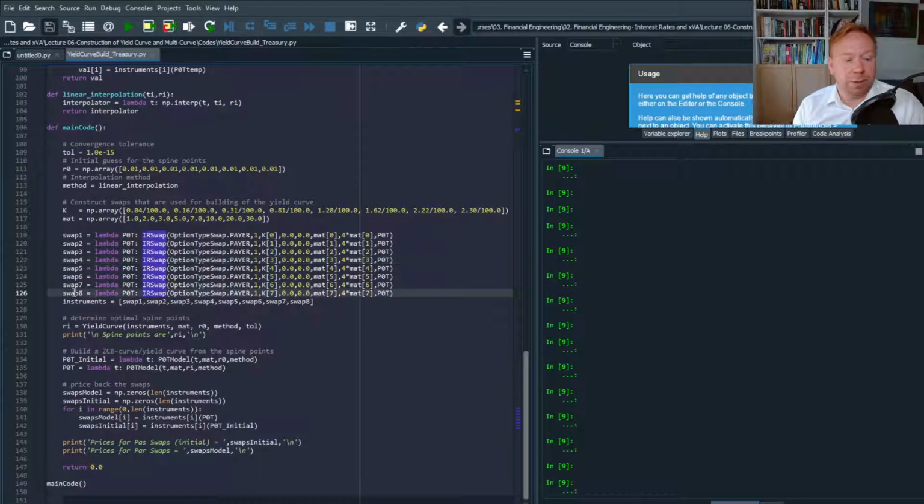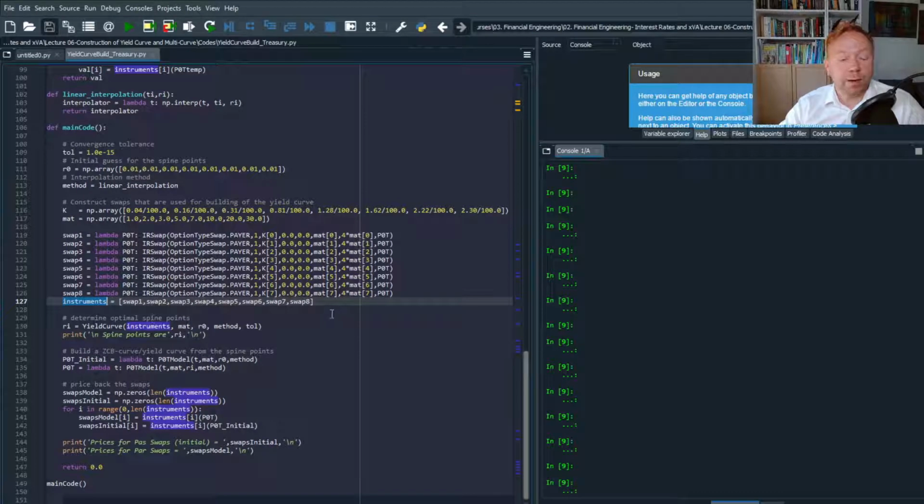So we defined now 8 swaps. You see that for each of those swaps, I'm taking a different swap rate from this vector, and I'm also taking a different maturity from this maturity vector. So here I'm building instruments.